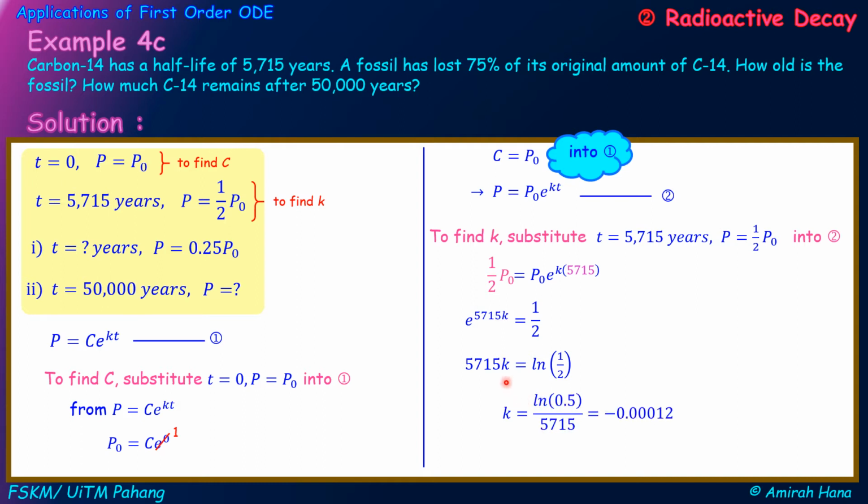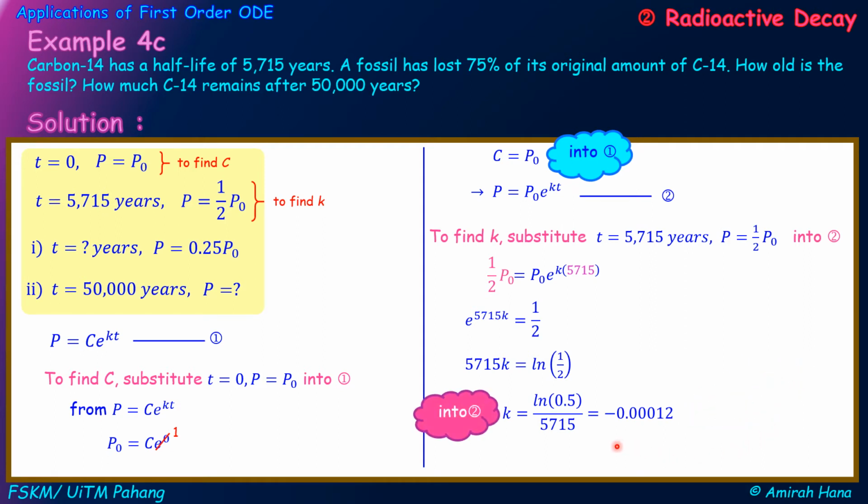Then we can find the value of k equals ln half over 5715, or we can use a calculator and it equals negative 0.00012 up to 5 decimal places. From here, we have k as a negative value because the radioactive material is decaying.